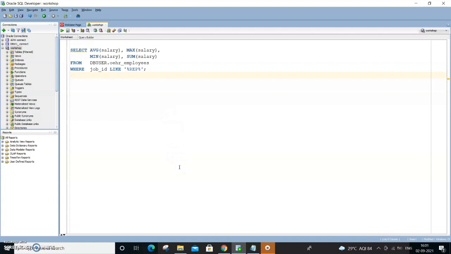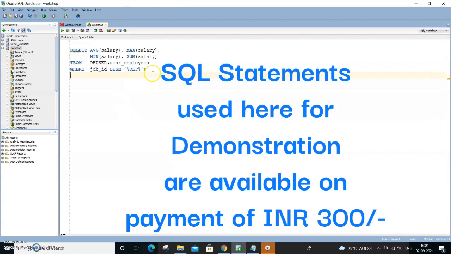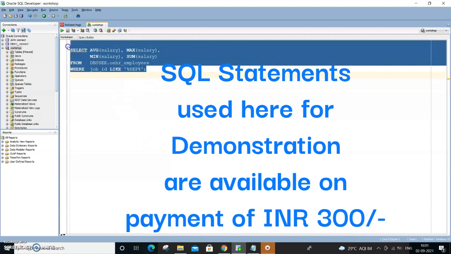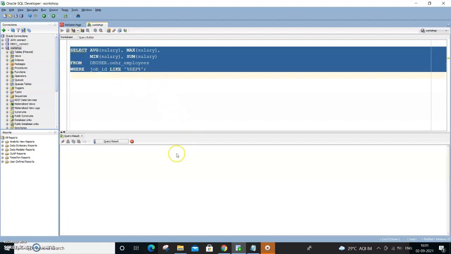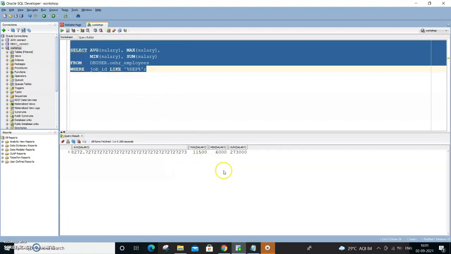Let's get on to some hands-on with the group by function, the aggregate function. The first one is job ID like REP, with average, max, min, and sum of the salaries. So for REP, you have the average salary, max salary, min salary, and sum of salaries as well.